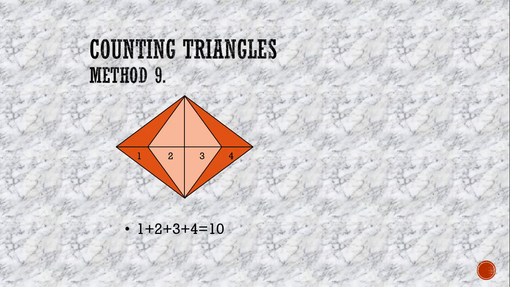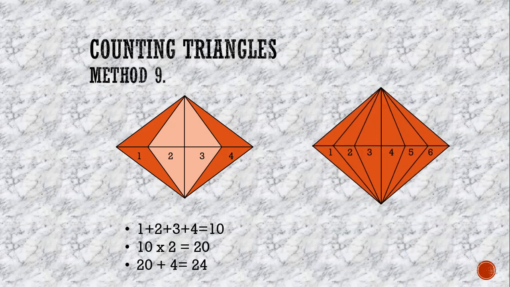Its base is divided into 4 parts. We add these 4 numbers: 1 plus 2 plus 3 plus 4 is equal to 10. Then we multiply 10 by 2 which is equal to 20, but 20 is not the actual number of triangles, and the reason is this slight difference, that there are triangles in between. So we add the largest number to 20. So 20 plus 4 is equal to 24. So there are 24 triangles in this figure.